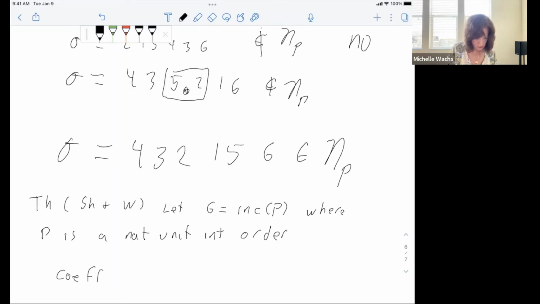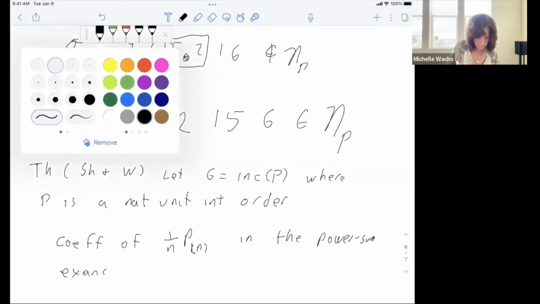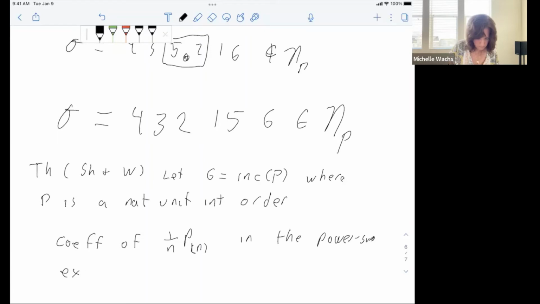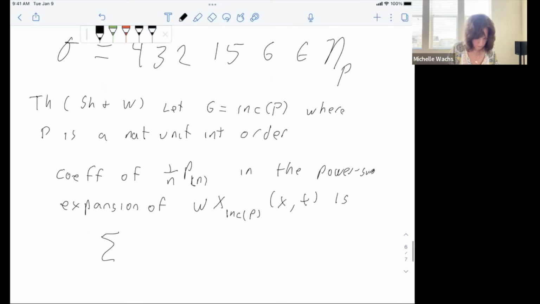The coefficient of 1 over n, P_n, in the power sum expansion of omega is the sum over all permutations in N_P, that have no P descent and no left to right P maximum, of t to the number of G inversions.